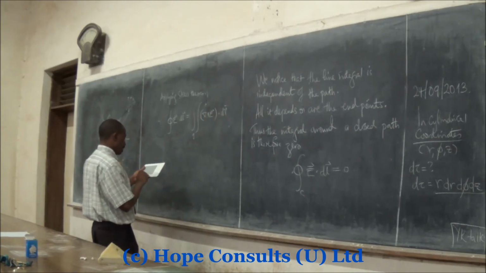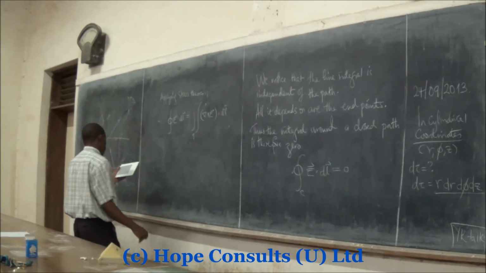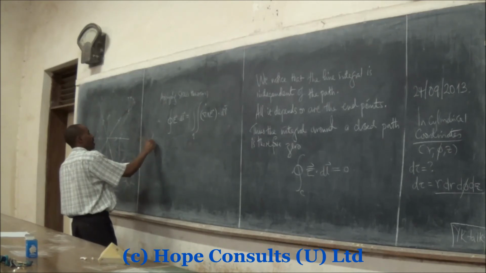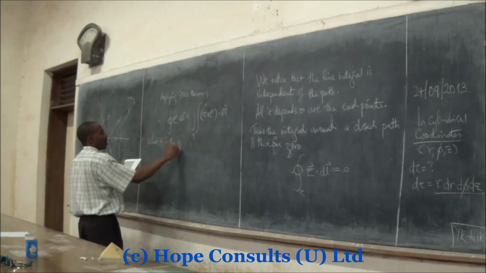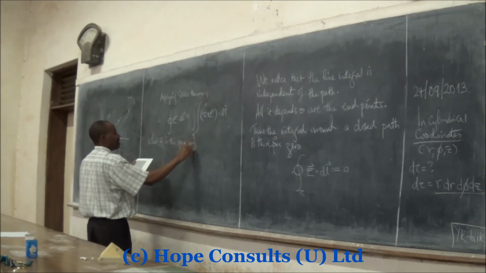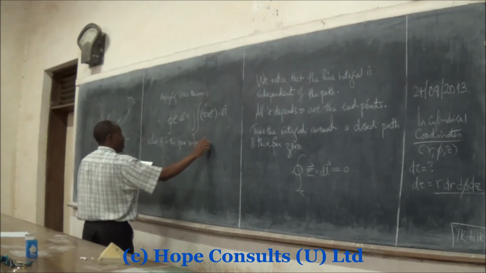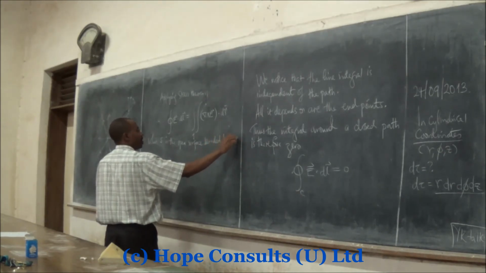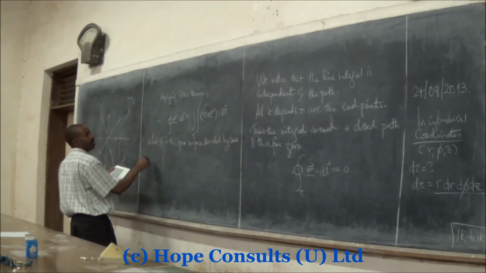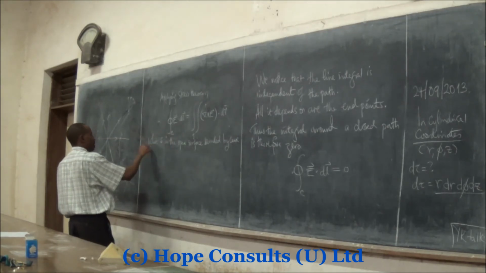If we do that, then we shall have that, of course, where S is the open surface bounded by curve C. C is here, C.